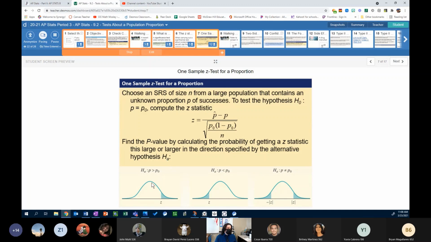Right, so if our alternative is that the true proportion is greater than the null hypothesis, we're looking at the area under the curve to the right of z. If the alternative is that the proportion is less than the null hypothesis, we're looking at the area under the normal curve less than z.